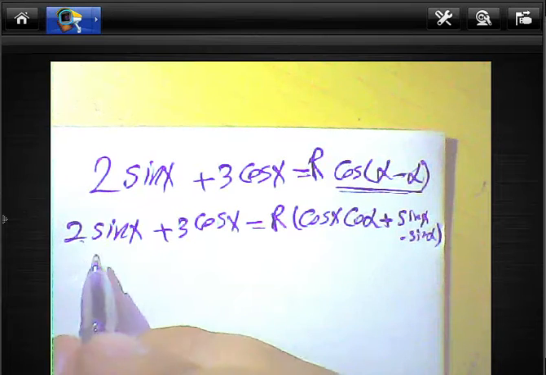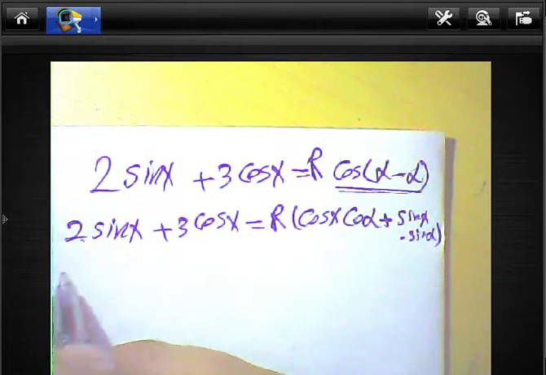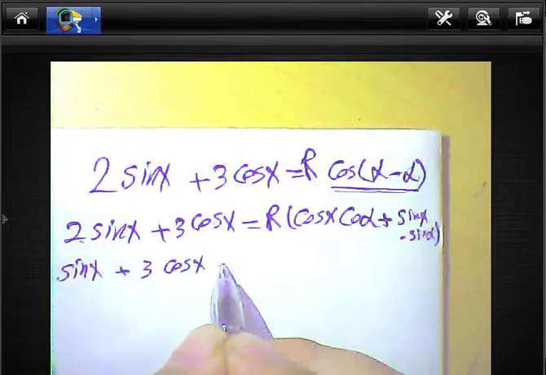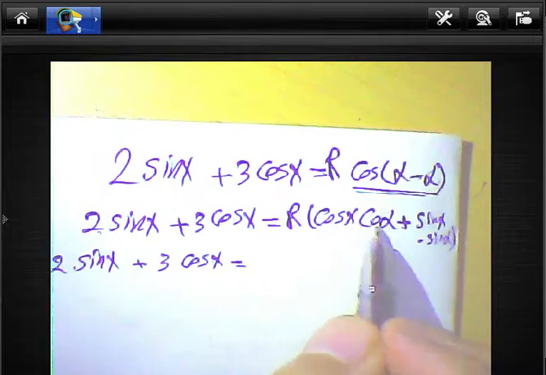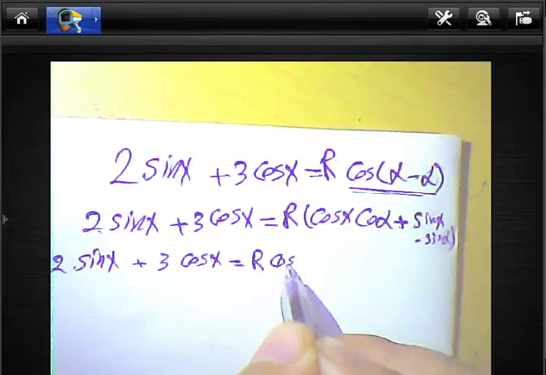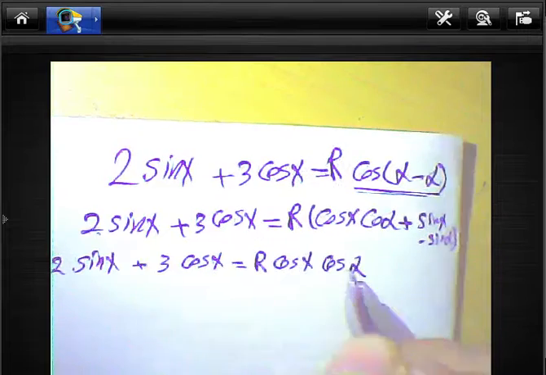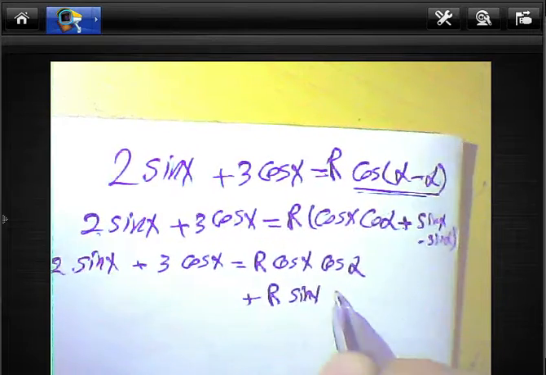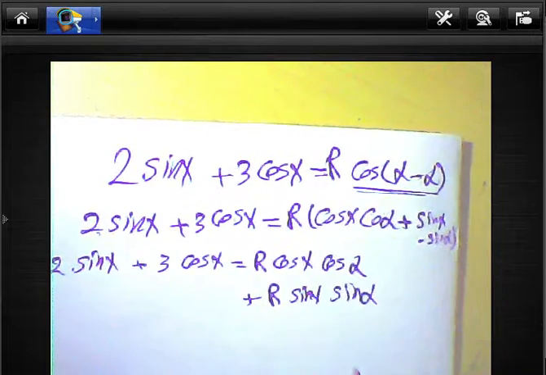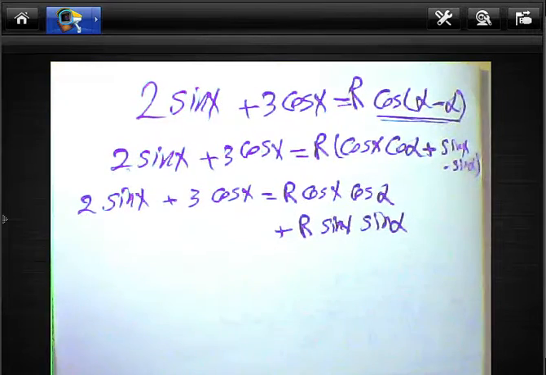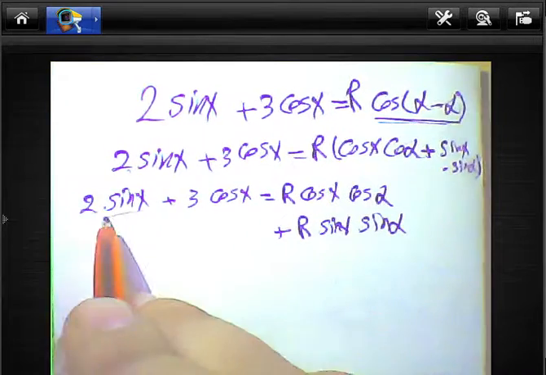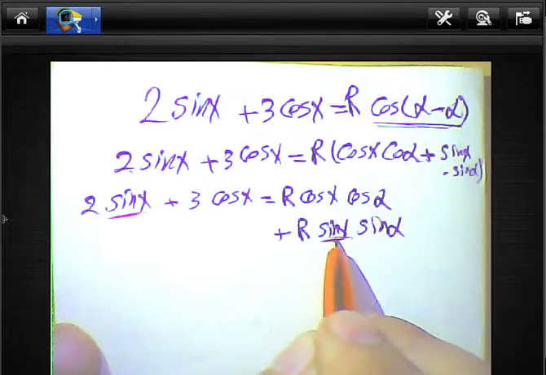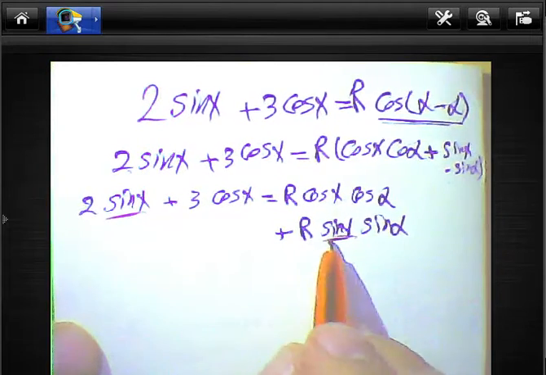And we can write 2 sine x plus 3 cosine x equals r multiplied by this expression: r cosine x cosine alpha plus r sine x sine alpha. Then we can write sine x here and sine x here, so 2 equals r sine alpha.